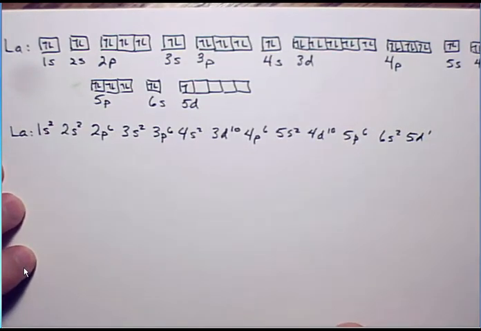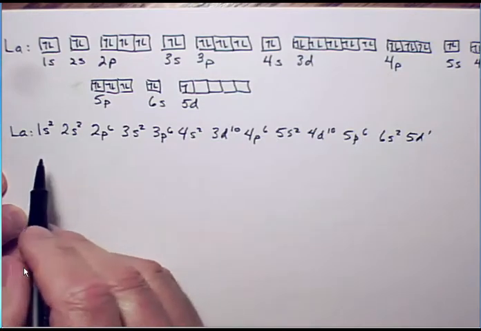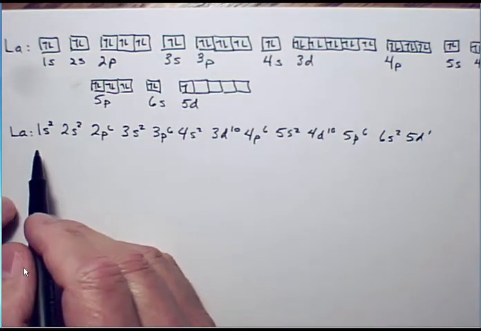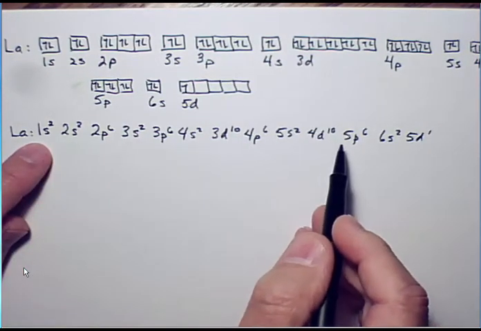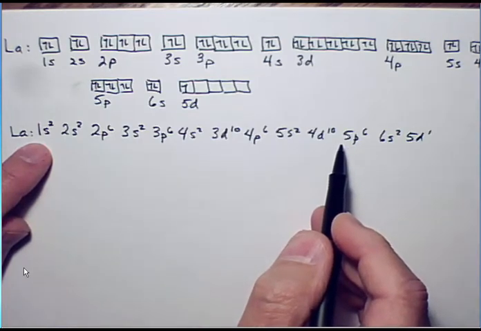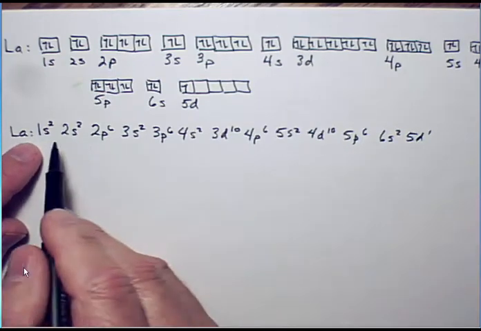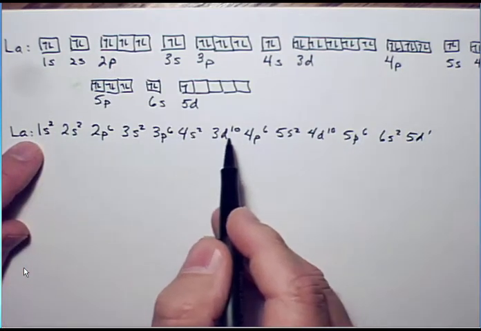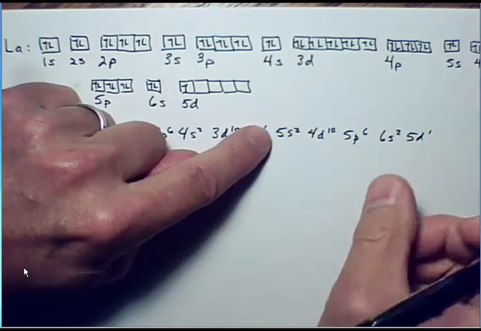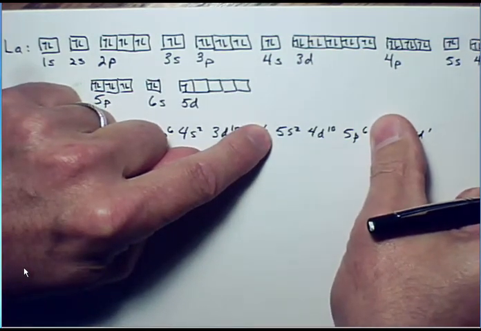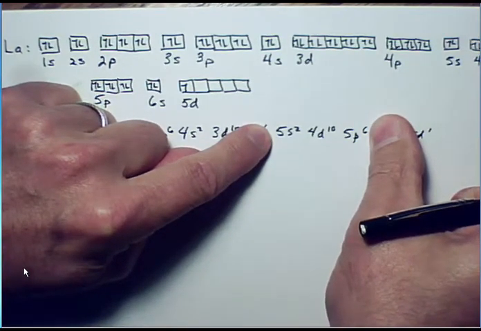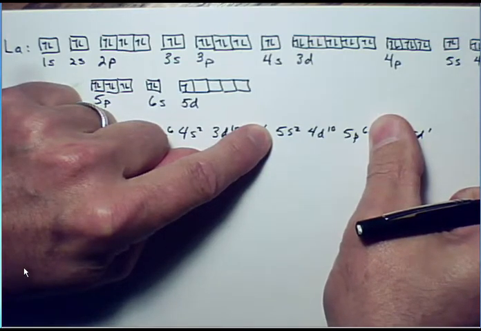To do the shorthand version, which is called the kernel version, or sometimes the noble gas configuration, it's called a lot of different things. All we're going to do is take out whatever is the electron configuration for the next lowest noble gas, and replace that with the symbol for the noble gas in brackets. So if we look at this electron configuration here, this 5s2 and 5p6 is the end of the electron configuration for a noble gas.